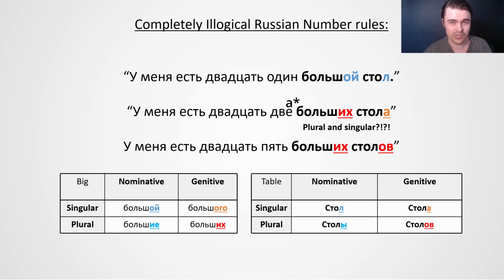So you say у меня есть 22 больших стола, which in every other instance of the language would be an error, because the adjective is supposed to correspond to the noun, but numbers break the language. So to save your sanity, do not use an adjective with a number.